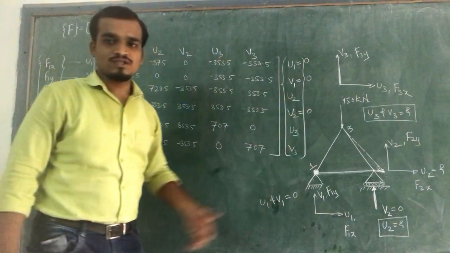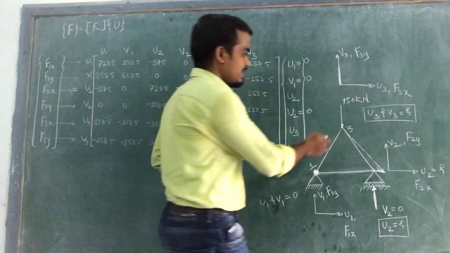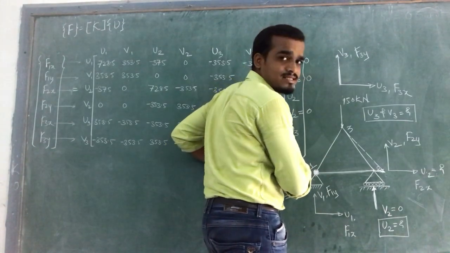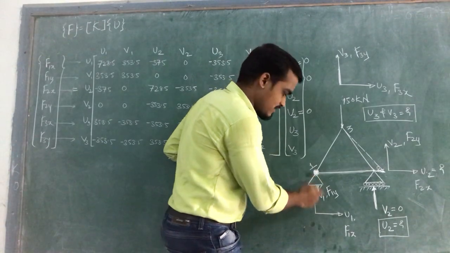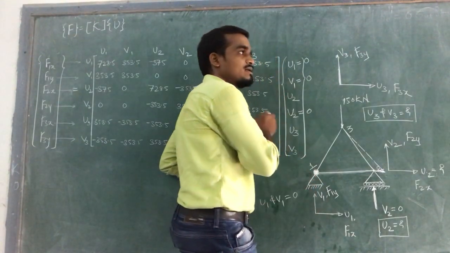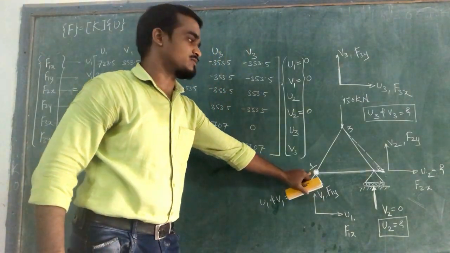Now, force boundary condition. We need to apply the force boundary conditions. As we know that at node 1, there are two reactions, R1x and R1y. R1x is in horizontal direction, R1y is in vertical direction. There must be two reactions at this node due to this hinge support.